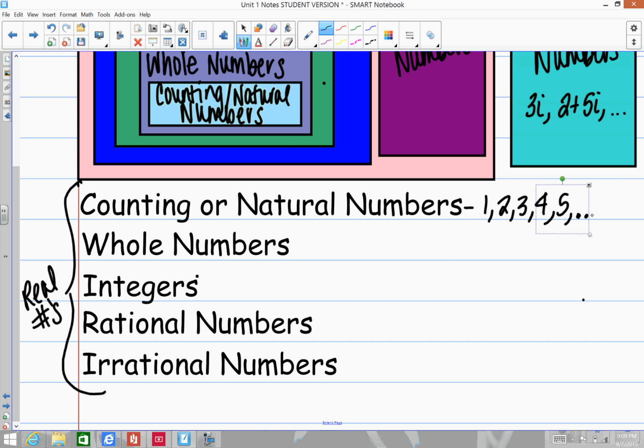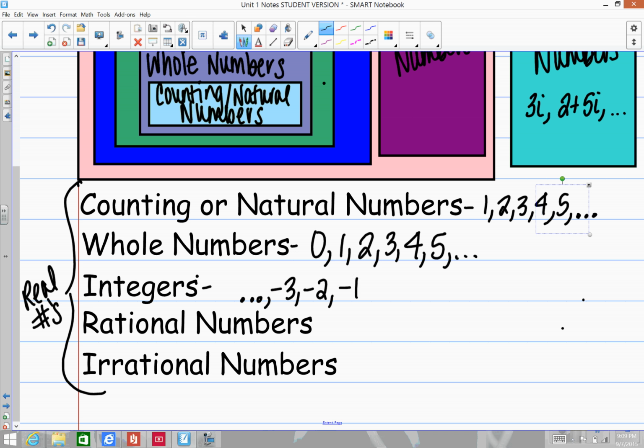And then integers. Integers include all of those negative numbers. So I'm going to put dot, dot, dot on the left. And then I'm just going to write -3, -2, -1, 0, 1, 2, 3, and I'm going to do dot, dot, dot. So basically, this is showing that they go on forever from negative infinity all the way up to positive infinity. They just don't include any decimals.